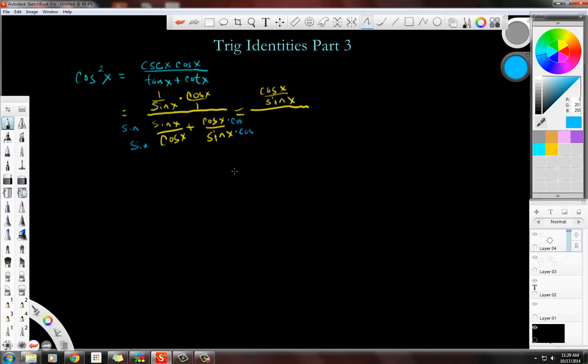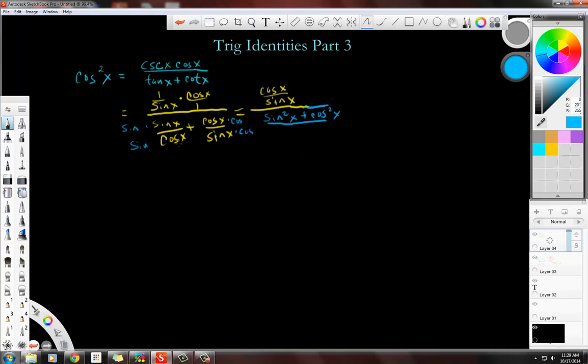And what's going to happen is on the next layer of this problem, we're going to get closer to this answer. So here's my line. I'm going to have sine squared x. That's sine times sine there. Plus cosine times cosine on the top of this would be cosine squared x.